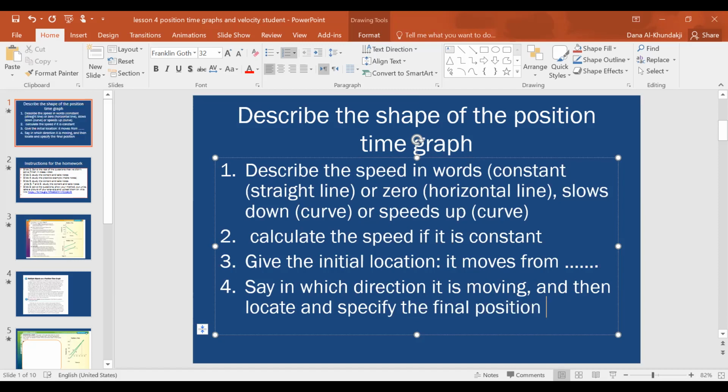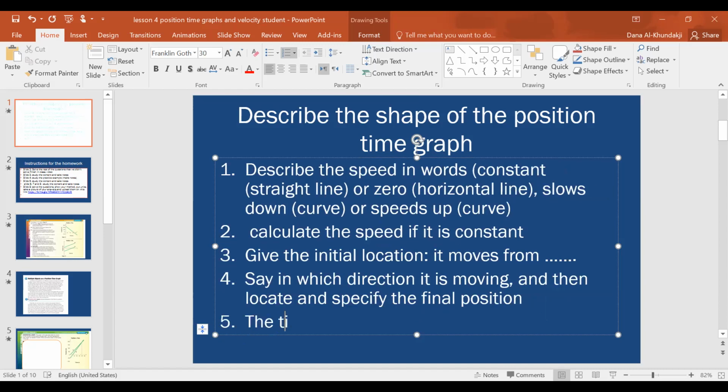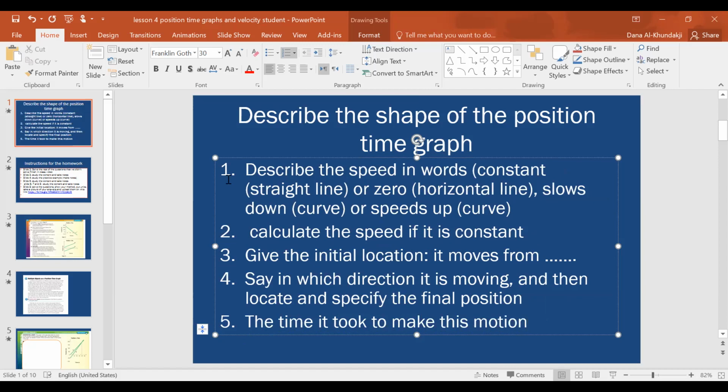So it's like at -1 meter, meaning it's 1 meter to the left of the origin, whatever the question is specifying. Then you have to say the time it took to make this motion. These are the things that I'm looking for when I ask you to describe the motion. So make a note of these and always check against them.